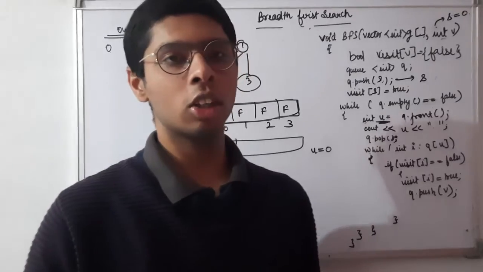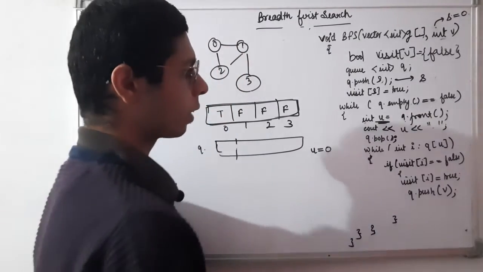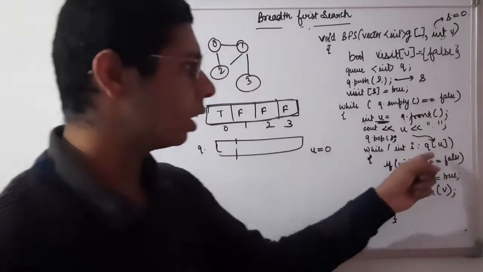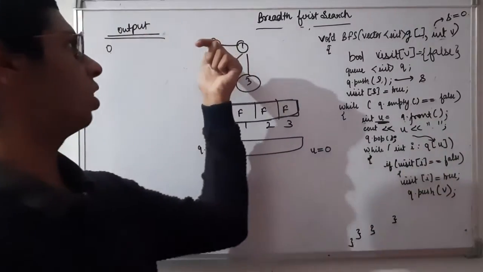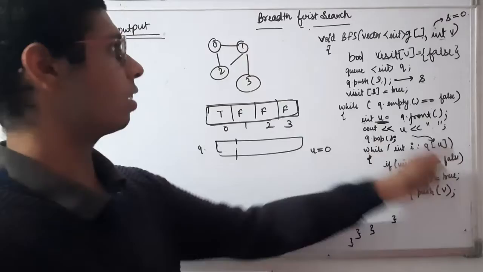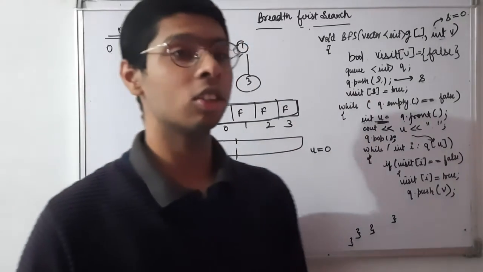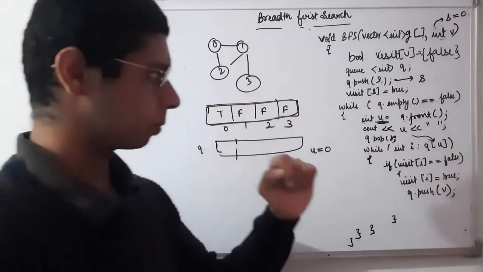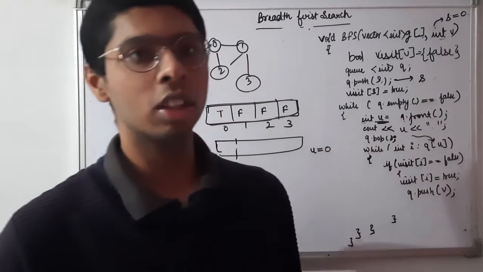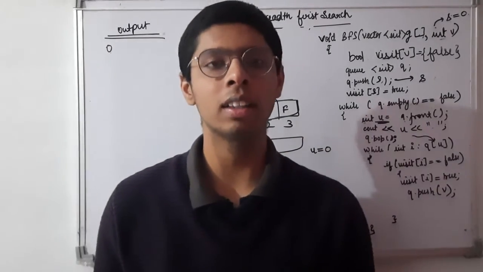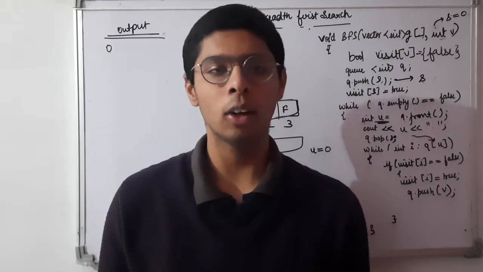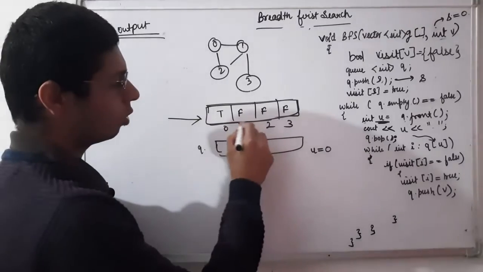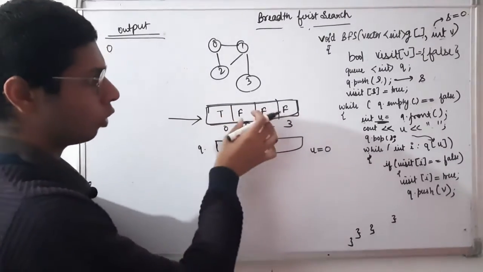When our queue becomes empty, we are simply calling the adjacents of 0. The adjacents of 0 are 1 and 2. We only go into an adjacent if its visited value is false.